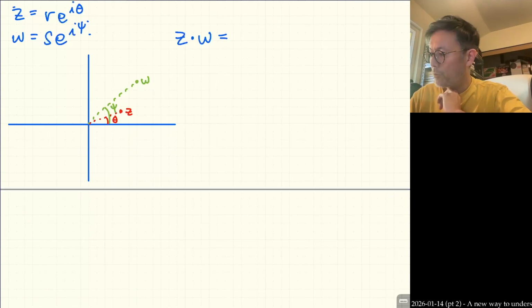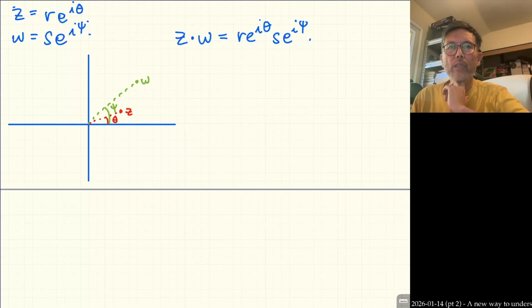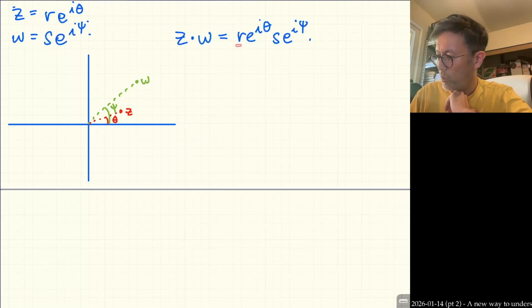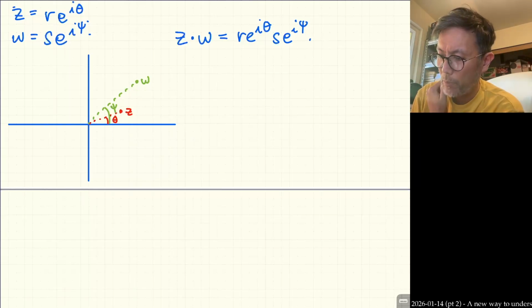So z is going to be rewritten as r times e to the i theta, while w is written as s times e to the i psi. Now these are four complex numbers here, namely 1, 2, 3, 4, four different complex numbers. We know how to multiply complex numbers, and in particular, we know that complex multiplication is commutative. So it doesn't matter what order I multiply these things in.